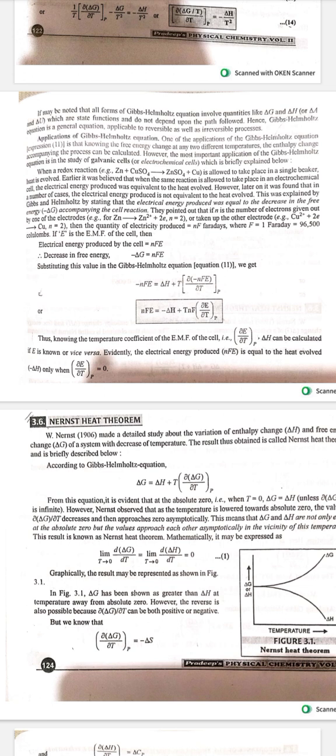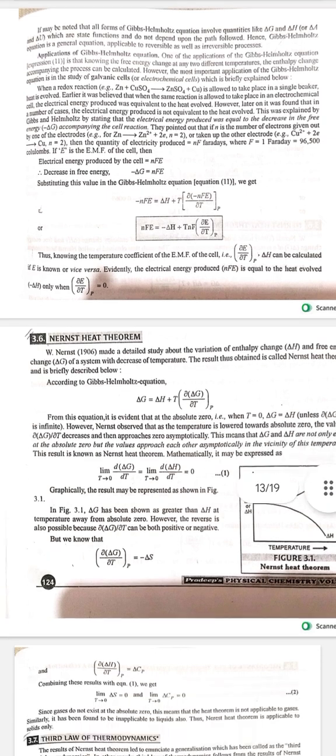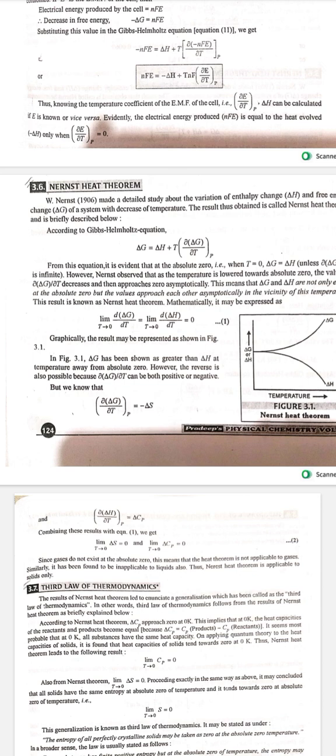Substituting the values in the Gibbs-Helmholtz equation, -nFE = delta H + T times the derivative of (-nFE) upon dT at constant P. So nFE = delta H - T nF times delta E upon delta T at constant P.